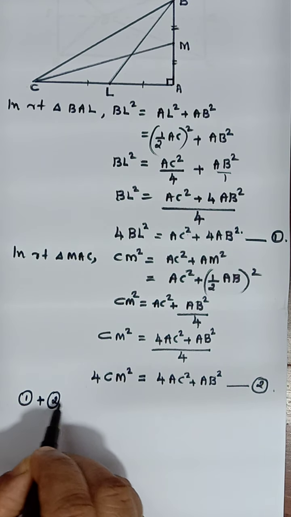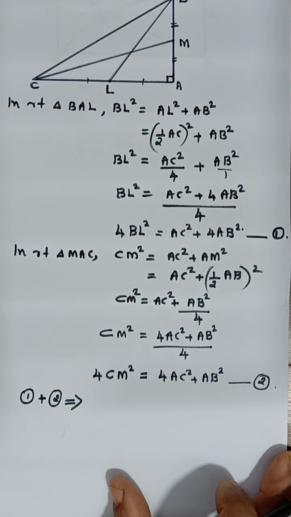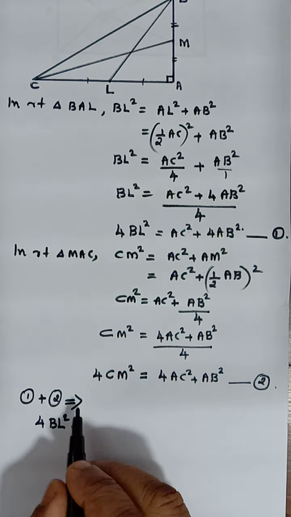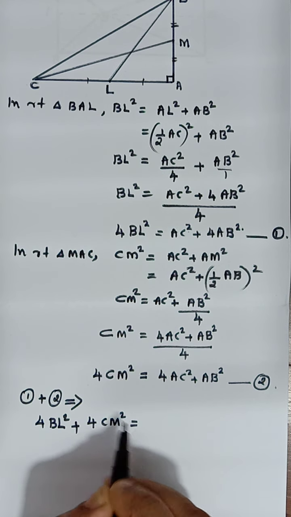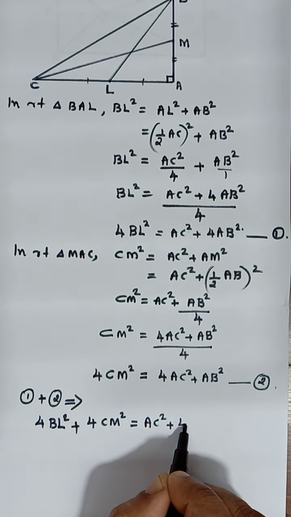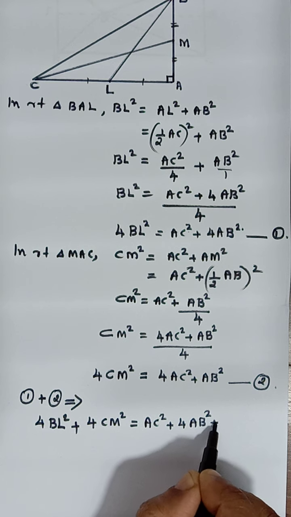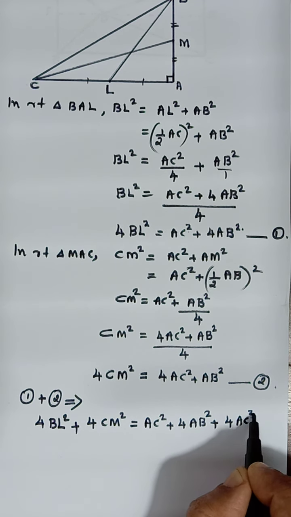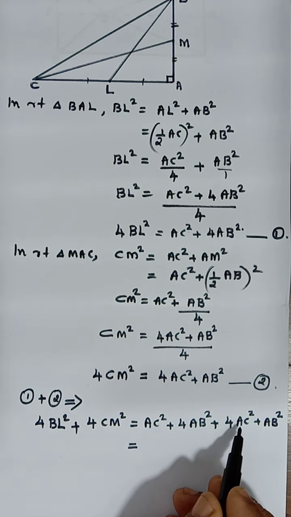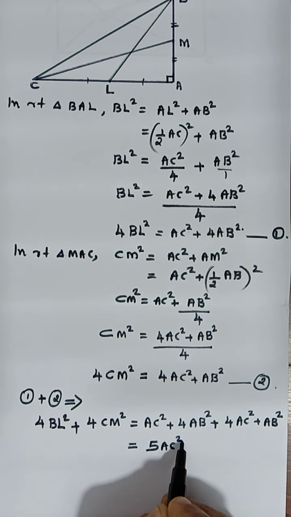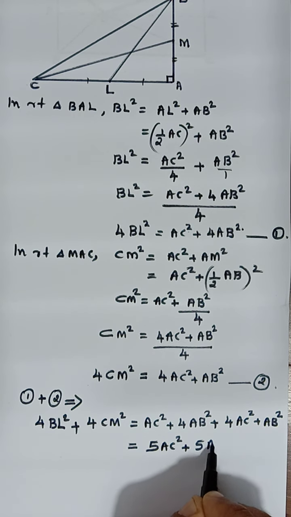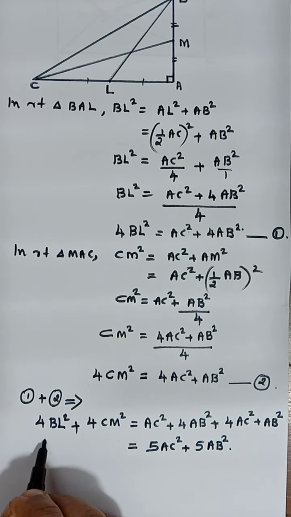Equation 1 plus 2 implies, on the left hand side, 4BL square plus 4CM square, equal to the right hand side: AC square plus 4AB square plus 4AC square plus AB square. 1 AC square plus 4 AC square will be 5 AC square, plus AB square plus 4 AB square, that is 5 AB square.